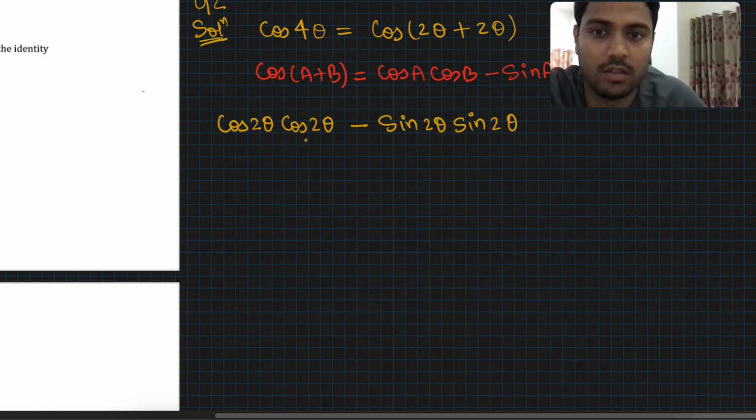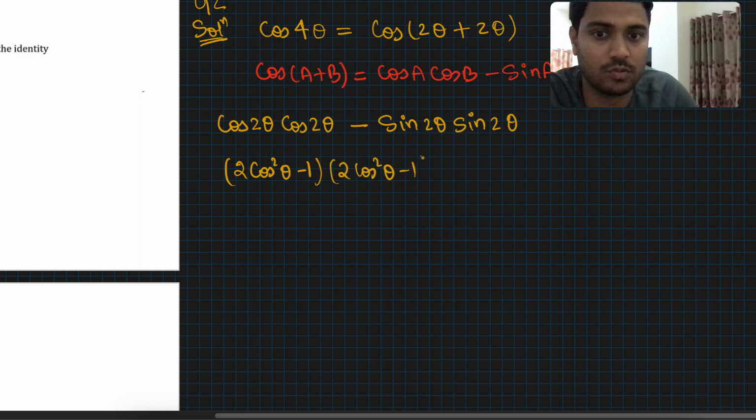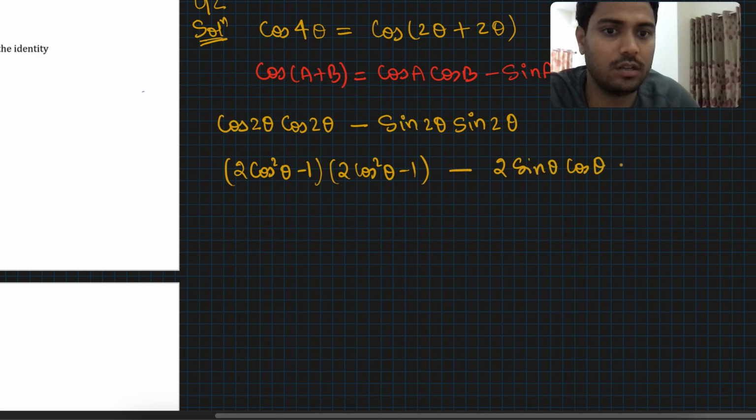So first of all, what was the expansion of cos 2 theta? Cos 2 theta is 2 cos square theta minus 1. And sin 2 theta is 2 sin theta cos theta, multiplied by 2 sin theta cos theta.